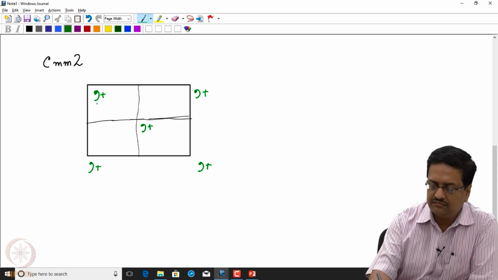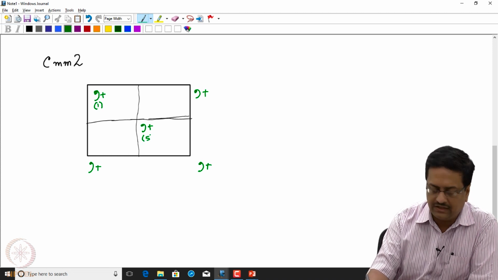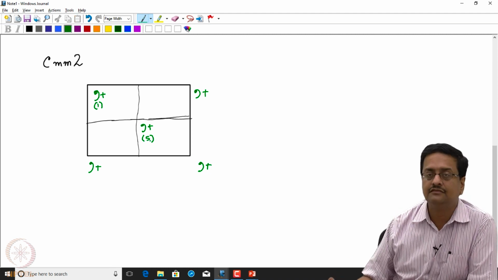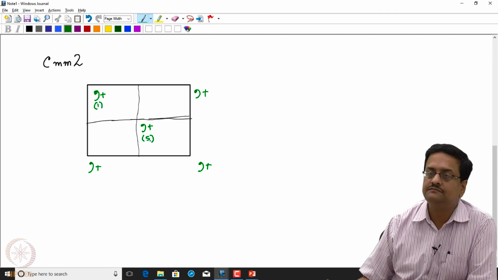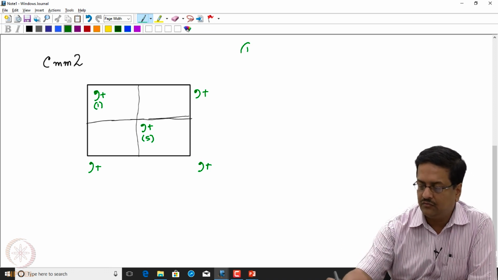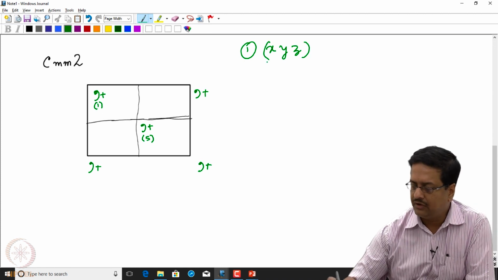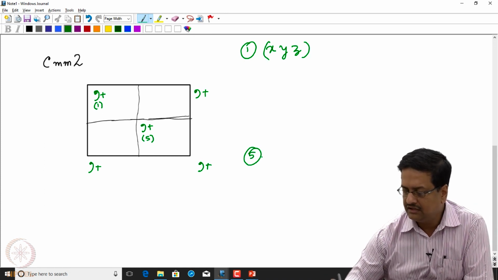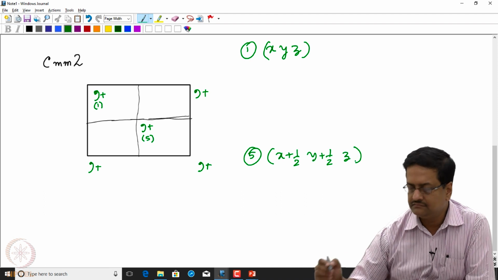So if this is my point number 1, this I am now designating as point number 5, as this will become the first point with C centering. So point number 1 is x, y, z and point number 5 is x plus half, y plus half, z.